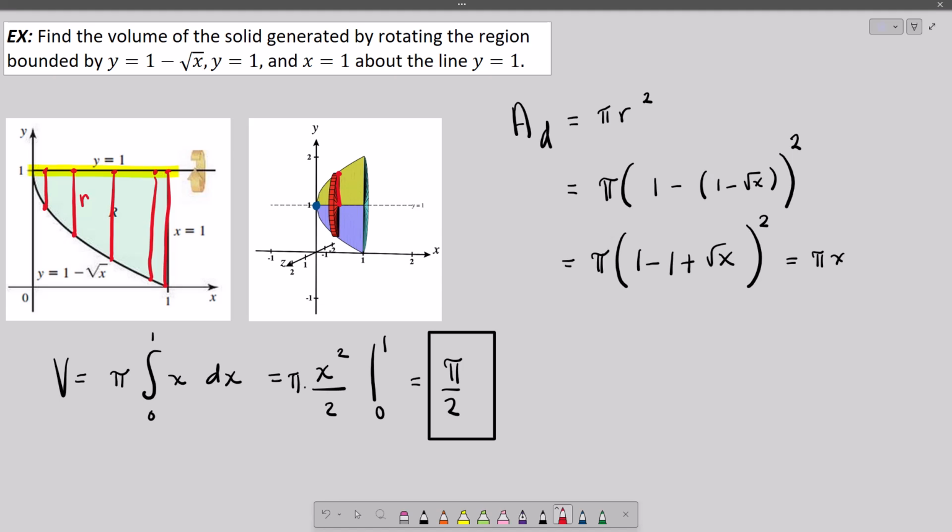But we are looking along the x-axis. And so this little radius that I've drawn here is going to draw a circle, which creates a disk that's about like that. And this one creates a disk that's about like that. But the area of the disk is going to be determined by that distance right there. And then we are going left to right.